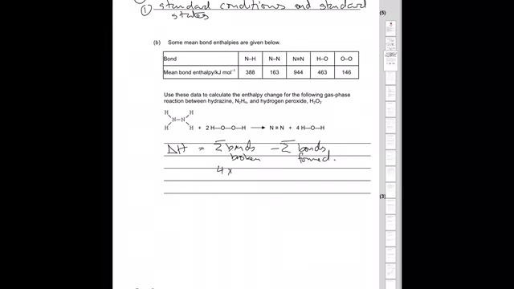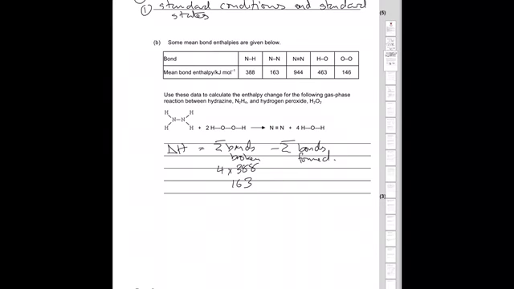So we've got 4 times the nitrogen-hydrogen bond, so that's 388. We've got 1 times the nitrogen-nitrogen, which is 163. And we've got 4 times the OH bond, which is 463.